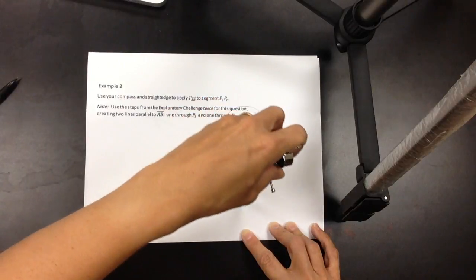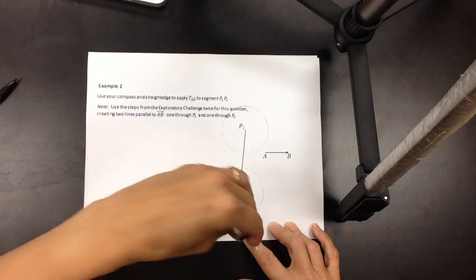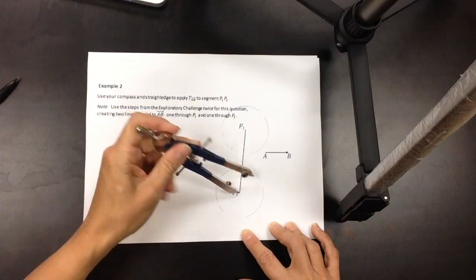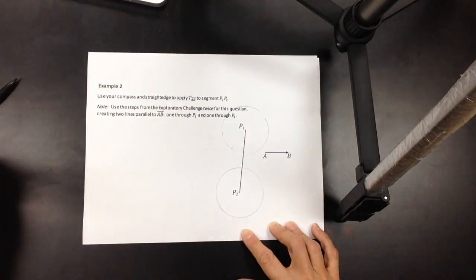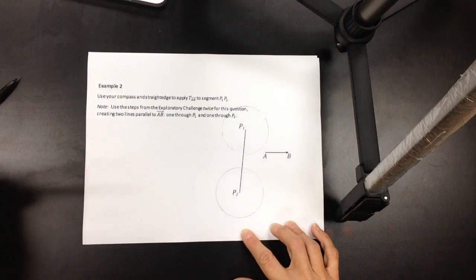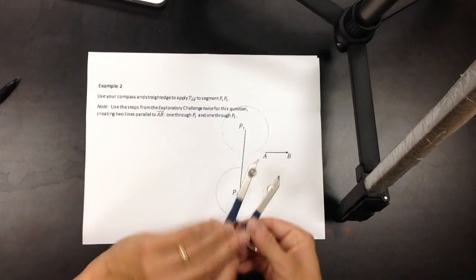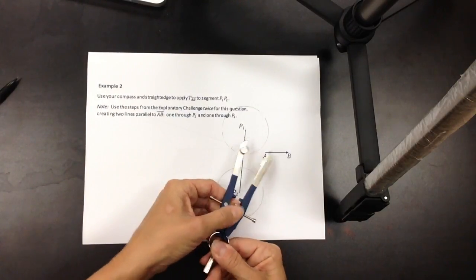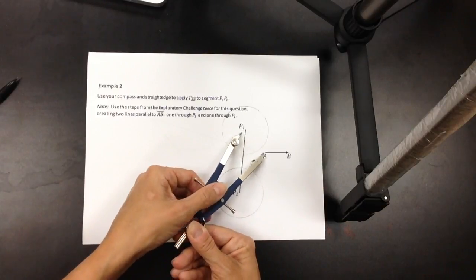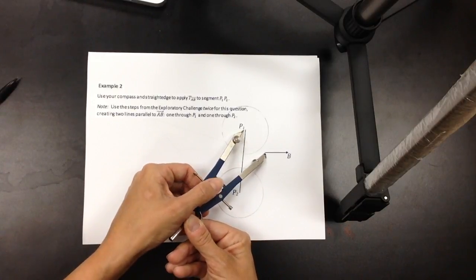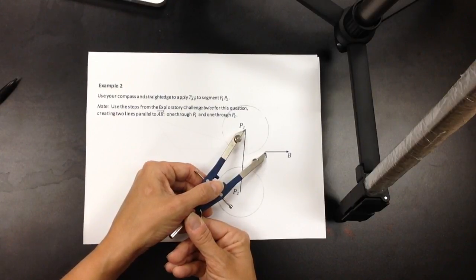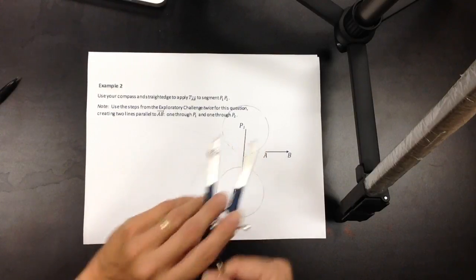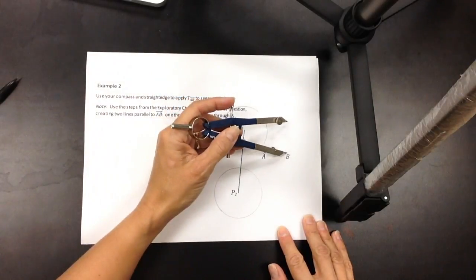Now I can't draw my circles very dark because I just can't use the compass that way. I can't spin it, hold it still, and draw really dark circles. So, all right, the next thing we need to do is a circle, radius PA through B. Okay, it's the same steps we used for the exploratory challenge.